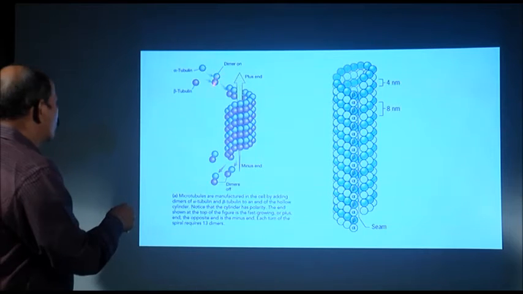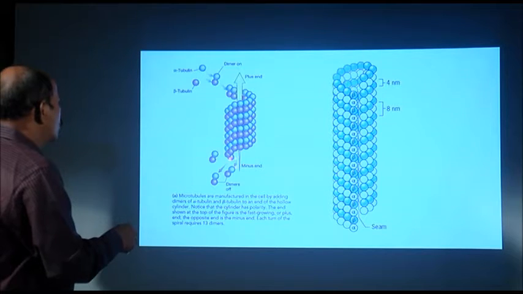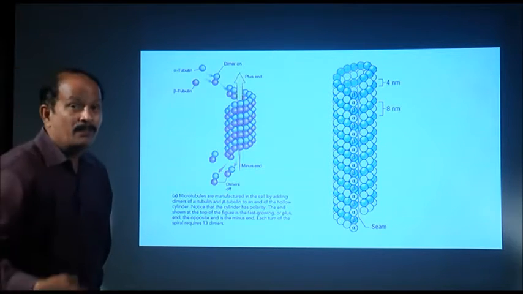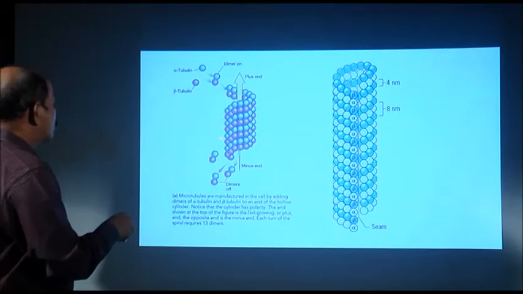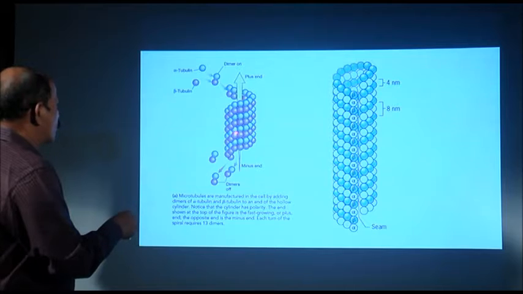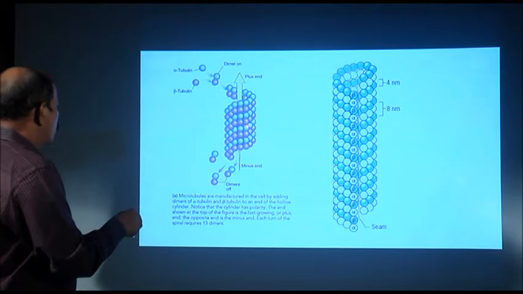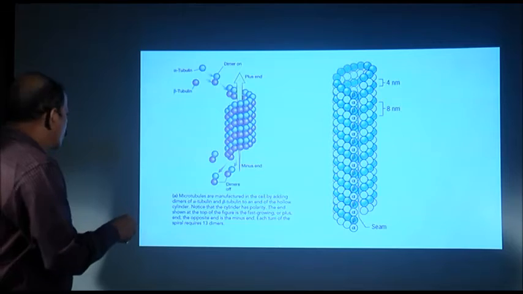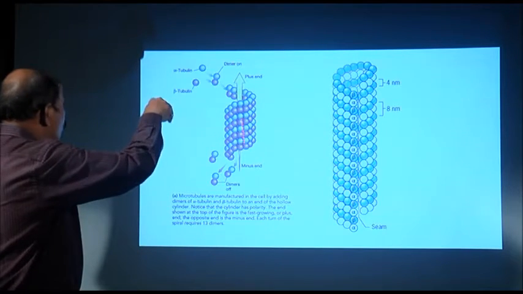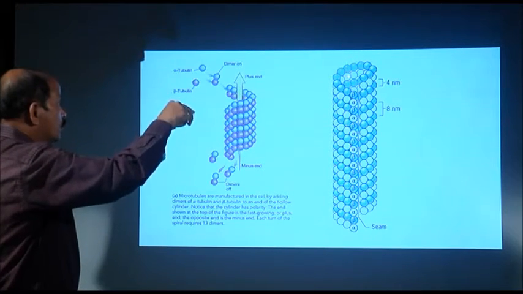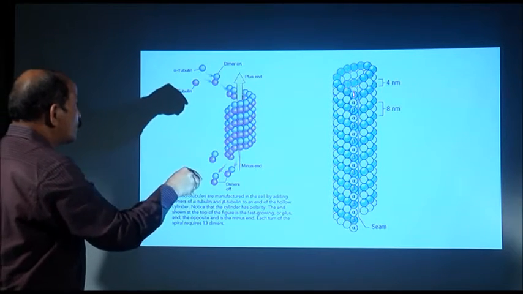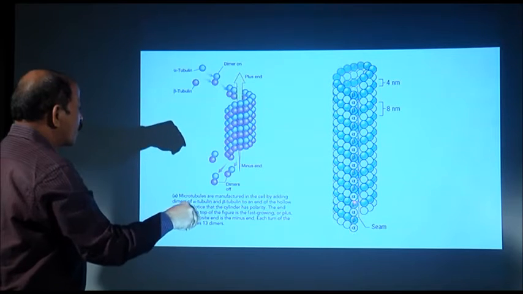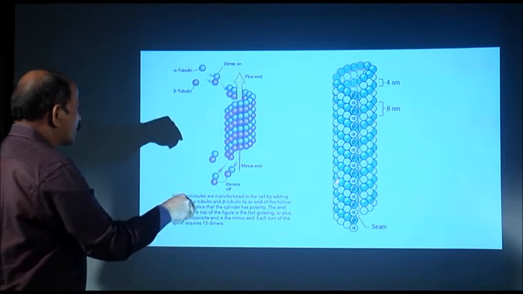These two globular proteins come and join. Similarly, from this end two at a time also disassemble, depolymerize. As a result, the microtubule has a thickness or diameter of 25 nanometer. The interior is hollow. This is of 25 nanometer thickness, but longitudinally this is one protofilament, similar, this is another protofilament.